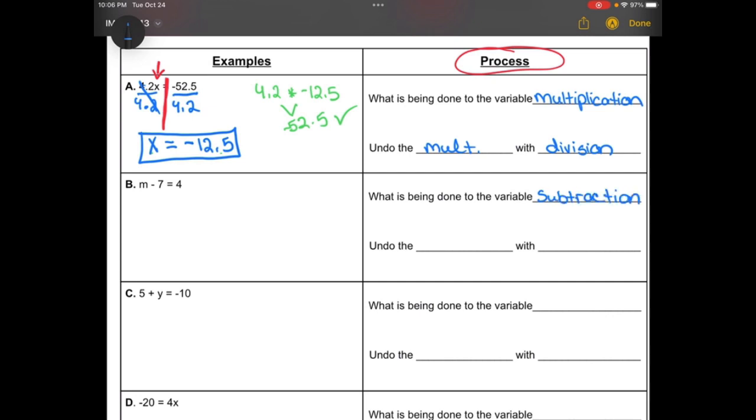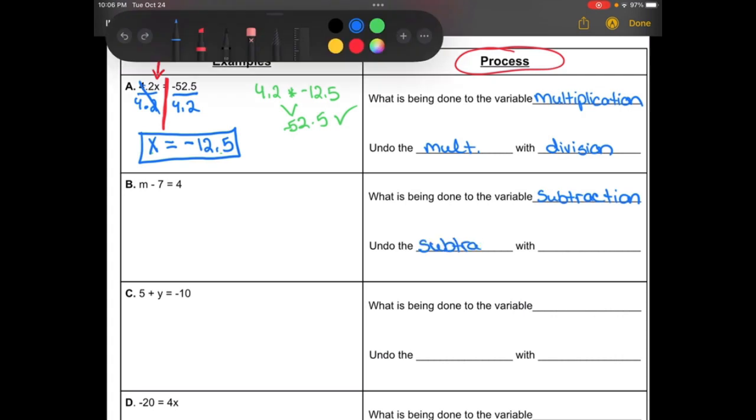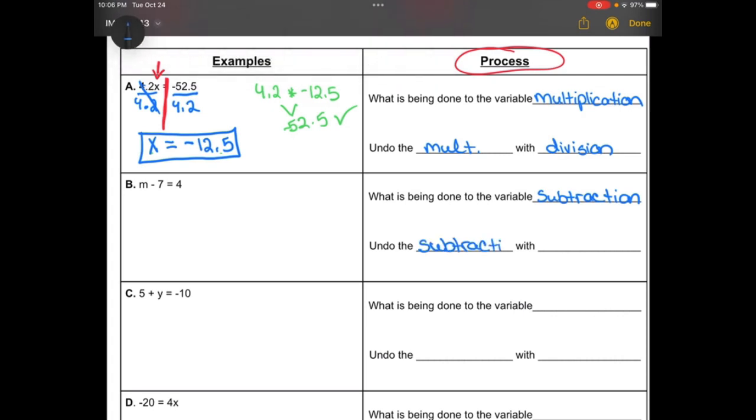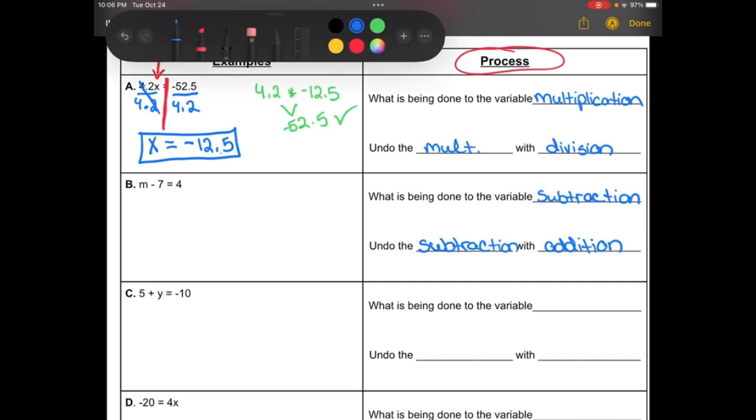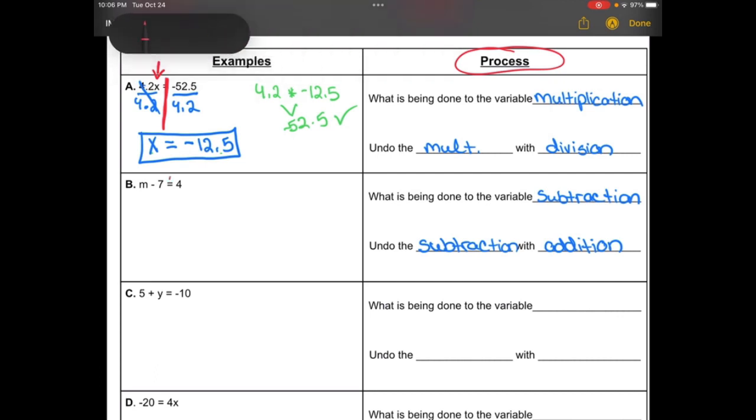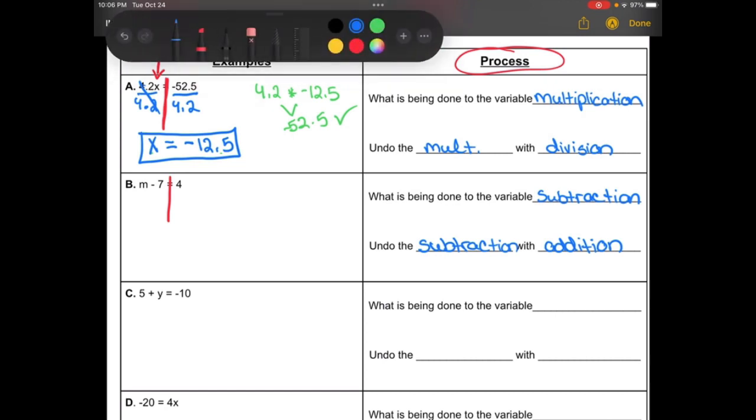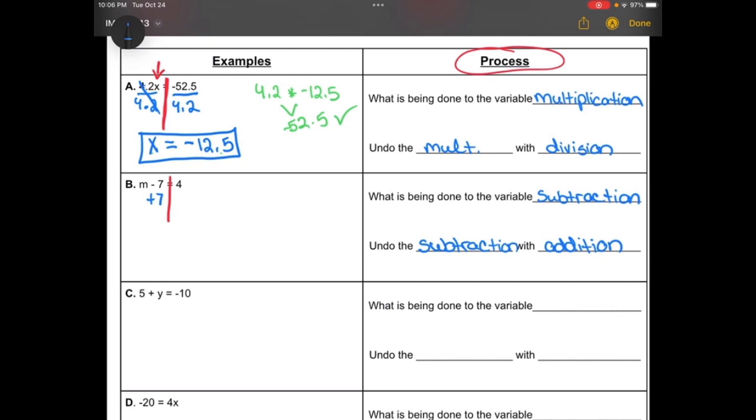And we're using subtraction. You want to undo the subtraction with addition. That is the inverse. So I'm going to draw my line, keep my paper organized, and then add 7 to cancel out.